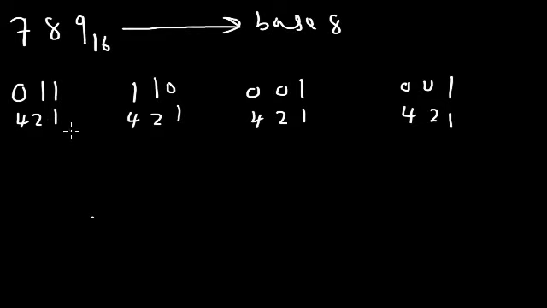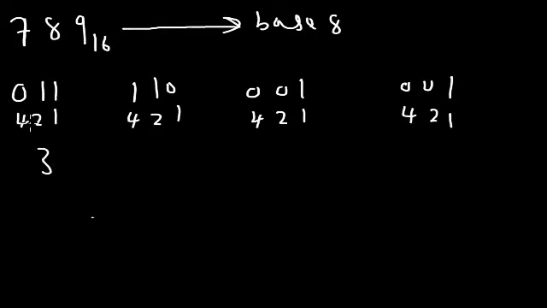Now what you're going to do is add the digits below such that above them you have 1. These 2 and 1 are below, and above them I have 1, 1, so I'm adding them up. That's 3.